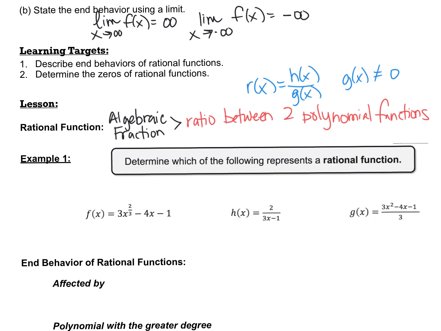All right, so let's look at these ones that are down here below. Which one, or do any of them, represent a rational function? What do you think? We've got F, H, and G. Is there any one you could mark out for sure?